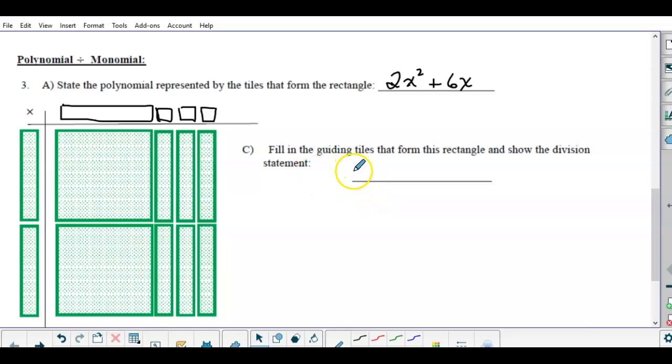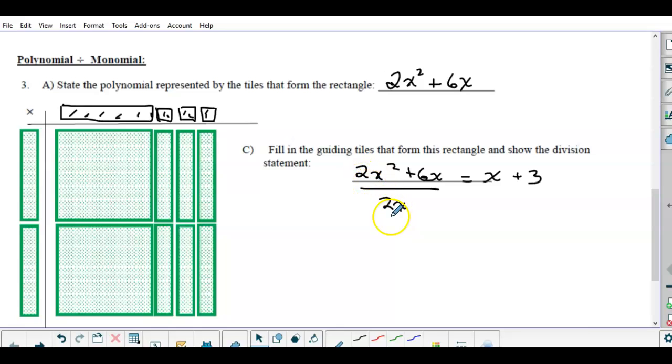So when we're taking 2x squared plus 6x and dividing by whatever's on the left, which is 2x, we're going to end up with what's up here. Sorry, I should color that in. So that's going to end up being 1x plus 3. Same as when we were dividing by a constant, now every term gets divided by the denominator.